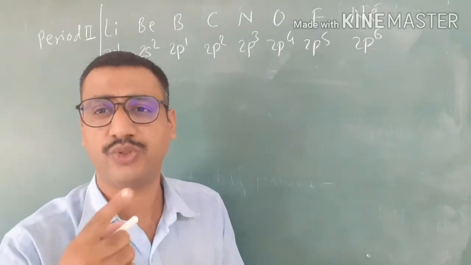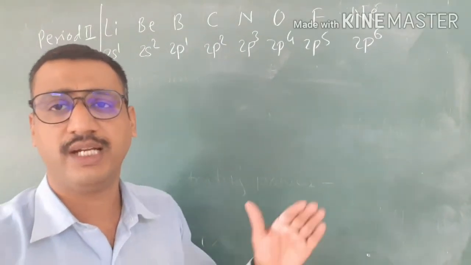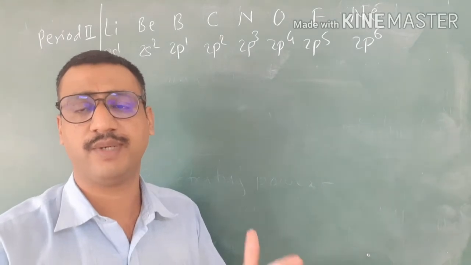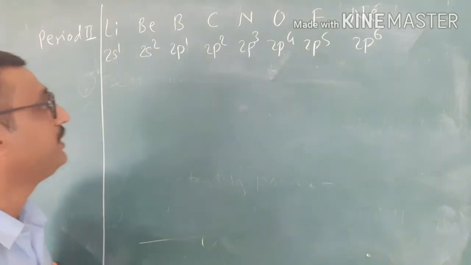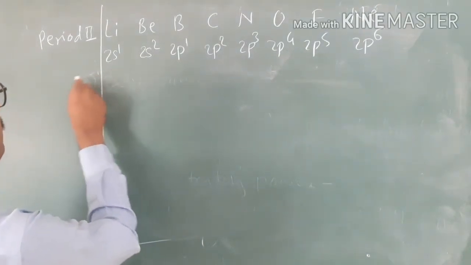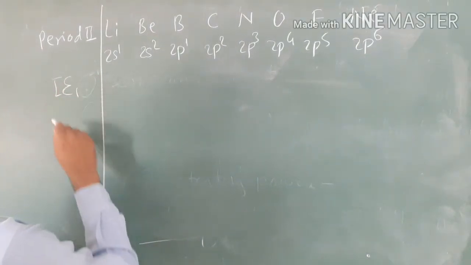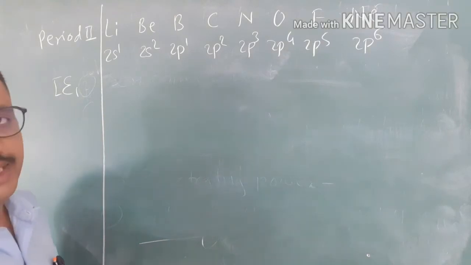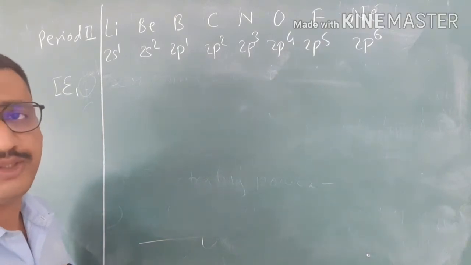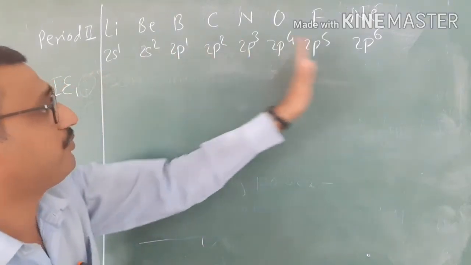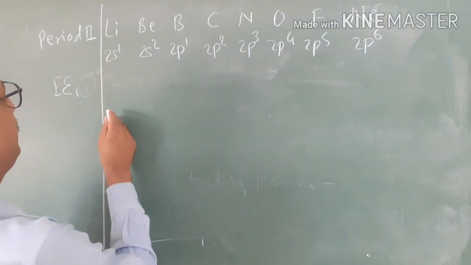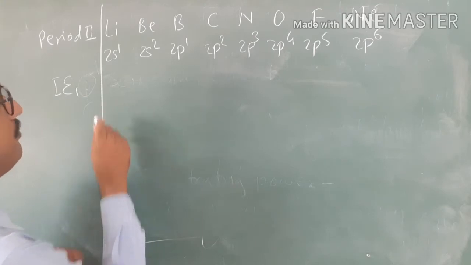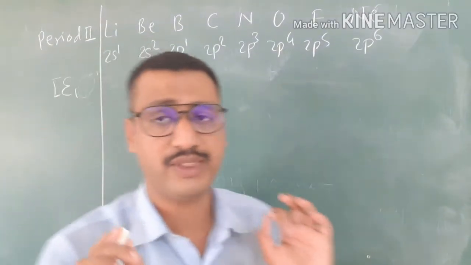Students, earlier I told you in the videos about electronic configuration, Aufbau principle, and rules for distribution of electrons, so that one needs to be known. Now for the first ionization potential, when the electron is removed, we get the unipositive ion. This is the electronic configuration of neutral atoms; when they lose an electron, their electronic configuration will change.